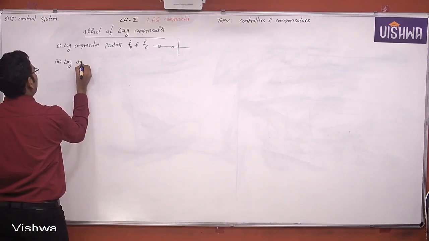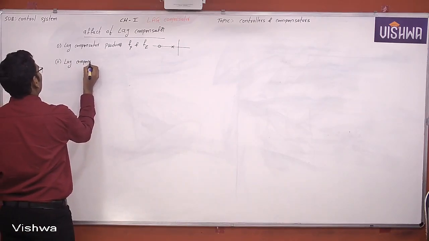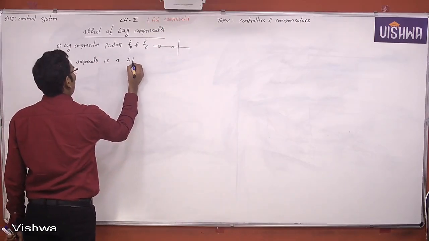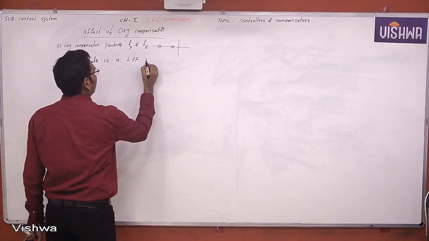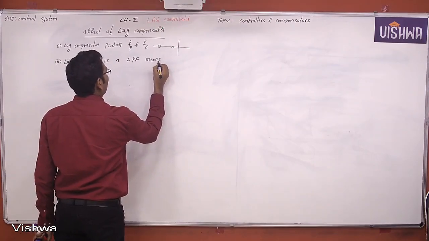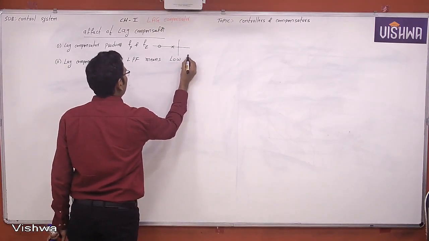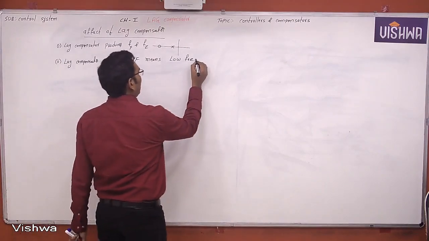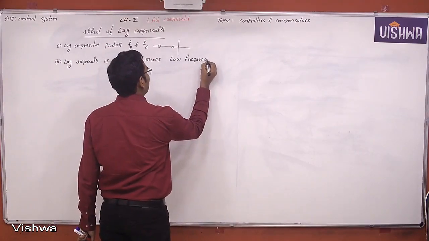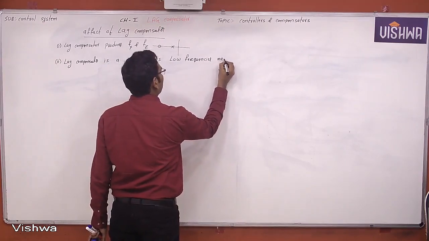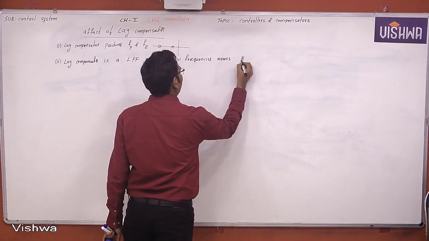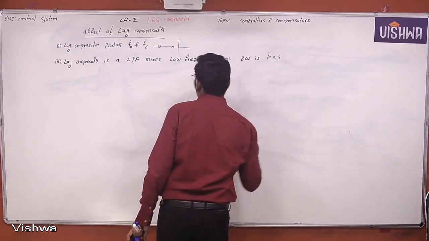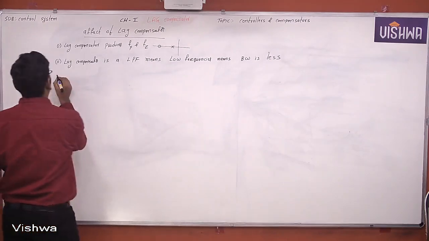The lag compensator is a low pass filter, which means low frequencies, which means bandwidth is less. When bandwidth is less, what happens?